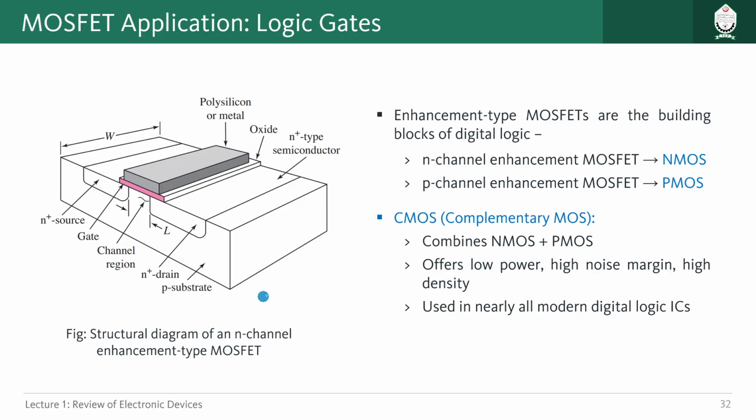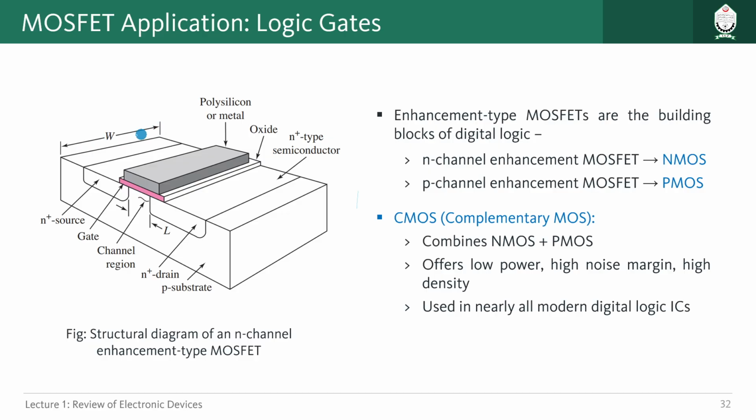So here you can see this is just a structural diagram of an actual enhancement type MOSFET. Everything is shown here in a 3D diagram, and you can see that we have defined a length here called L, which is the distance from drain to source, right?